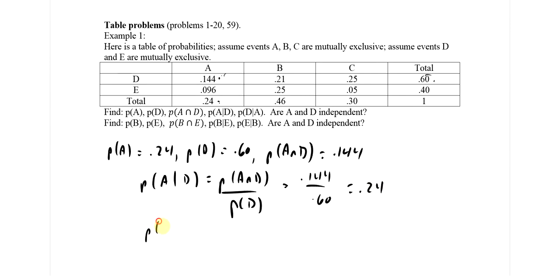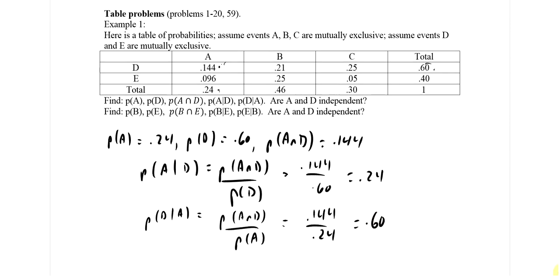And the probability of D given A is the probability of A intersection D over the probability of A. And that's looking at this divided by that, 0.144 divided by 0.24. And if you divide that out, that's 0.60.